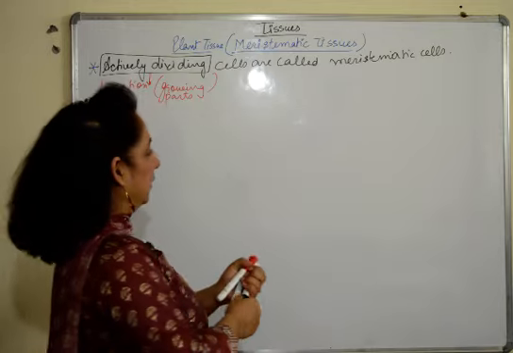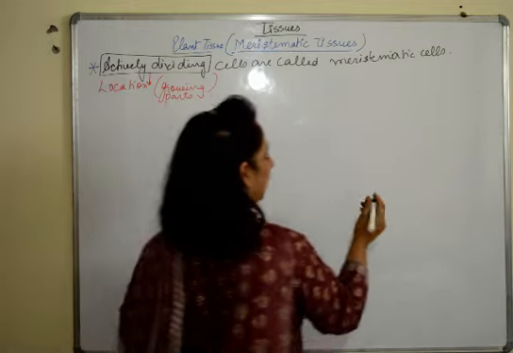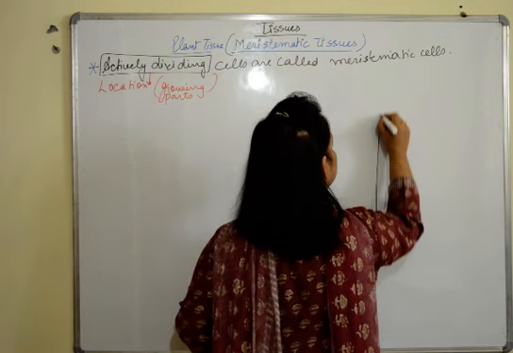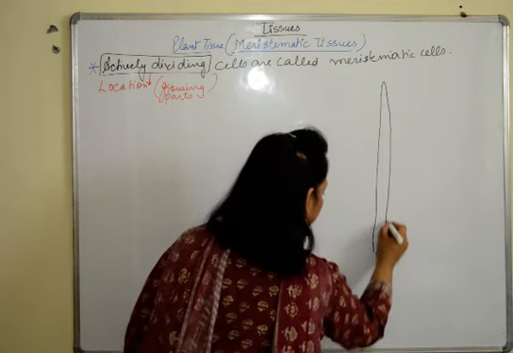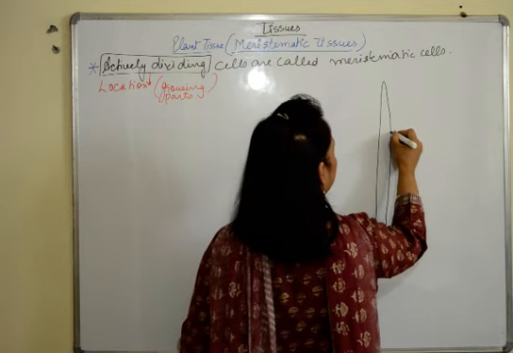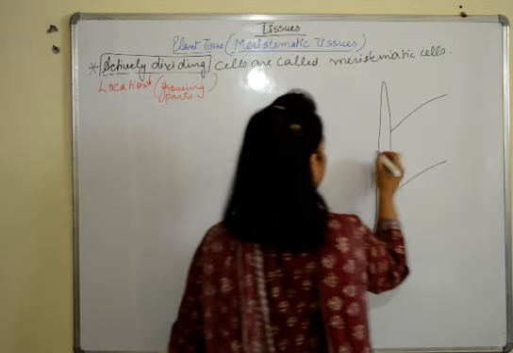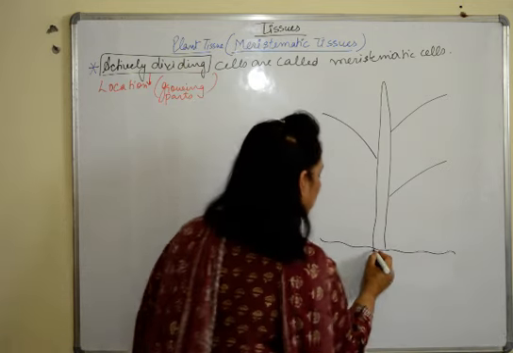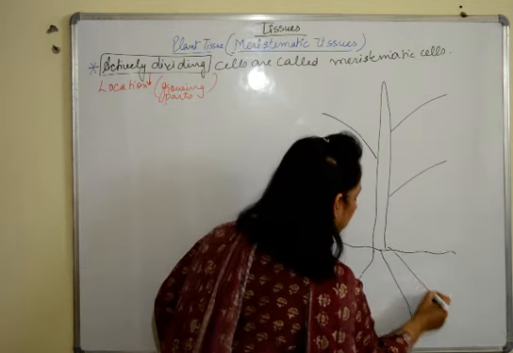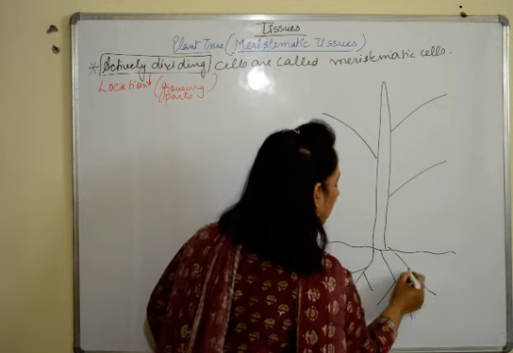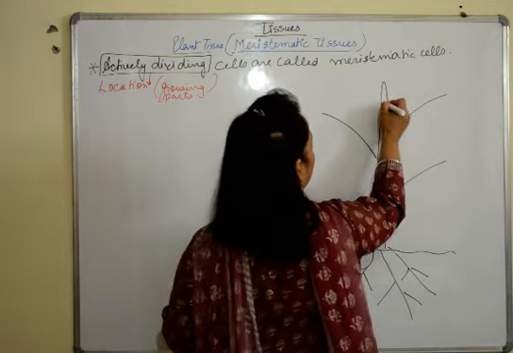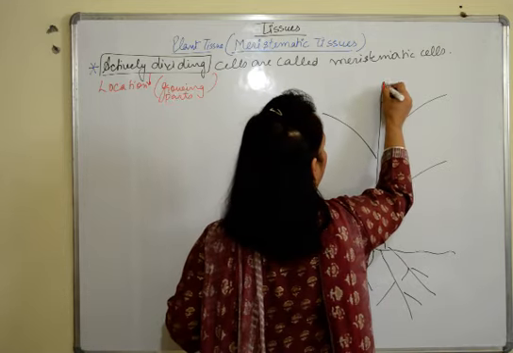I'll give you a diagram. It's a very simple common diagram. Maybe your book also has it, but I feel that this diagram generally explains everything. I'll make the roots also. You don't have roots in your diagram, but roots are also there. Now, three types of tissues.